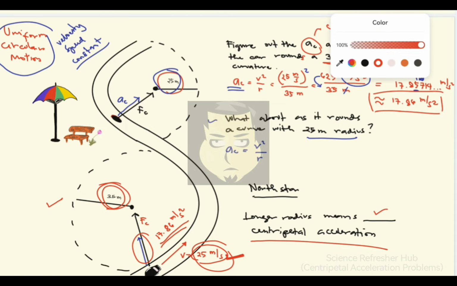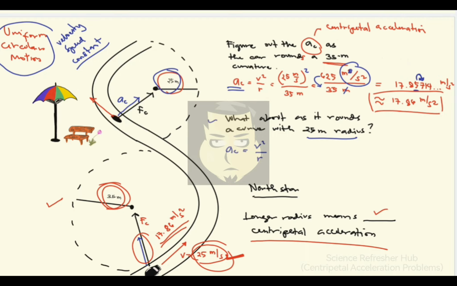It's meter per second. The velocity is also the same here. It's 25 meter per second. Okay, so we will substitute now. Our V is 25 meter per second, and then we have squared here, over our radius, we will be choosing 25 meter, the shorter one.